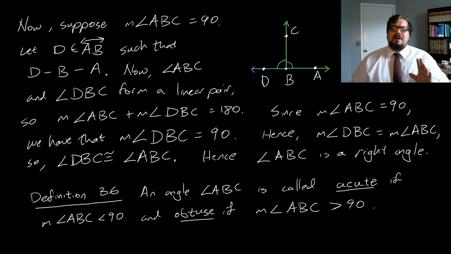So trying to define acute and obtuse without making reference to the fact that we know that all right angles have a measure of 90 is complex. It takes quite a bit of work. But once we know that all right angles have measure 90, that gives us an easy way of describing what acute and obtuse angles are.